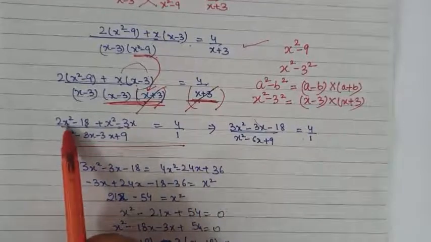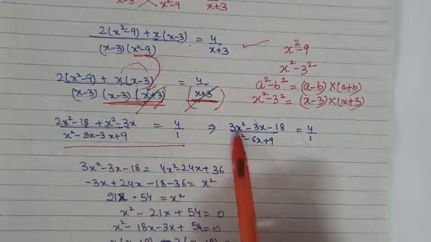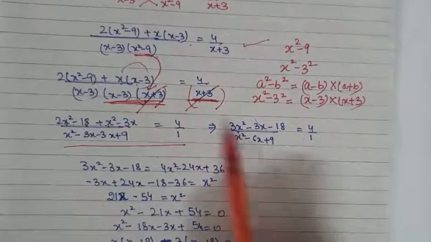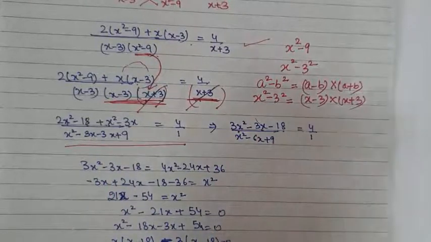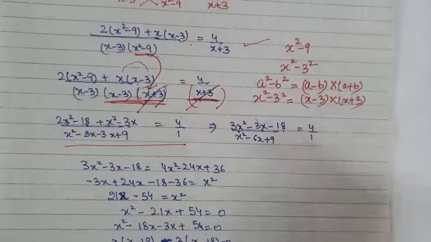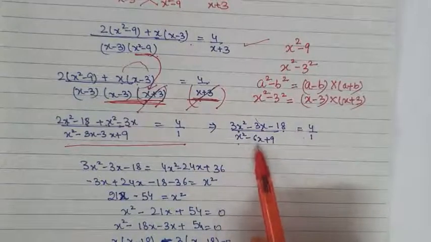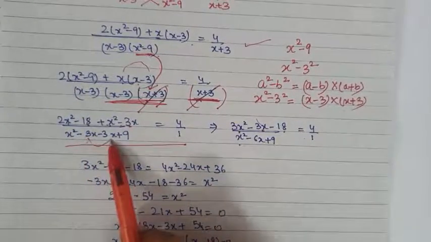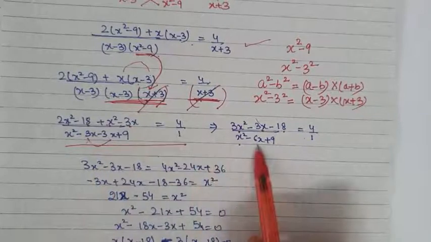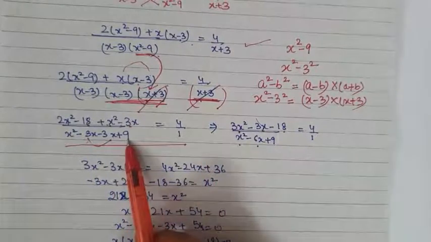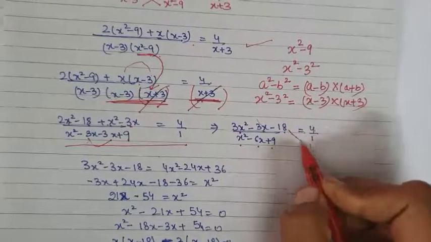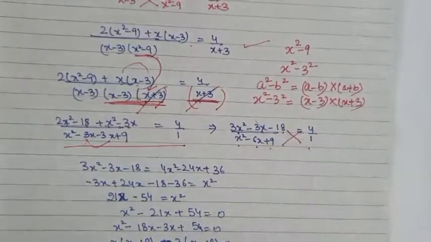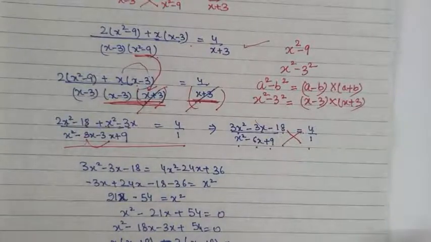Now 2x square plus x square gives you 3x square minus 3x minus 18 upon x square minus 3x minus 3x minus 6x plus 9 is equals to 4 upon 1. Now do the cross multiplication again.